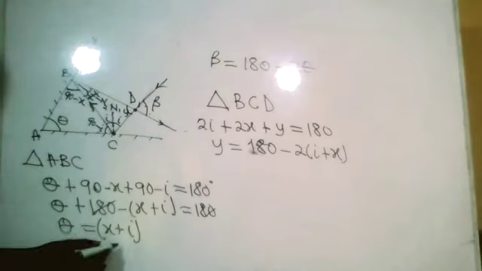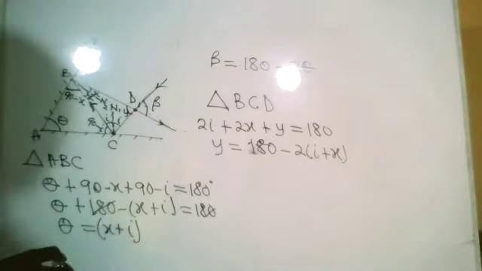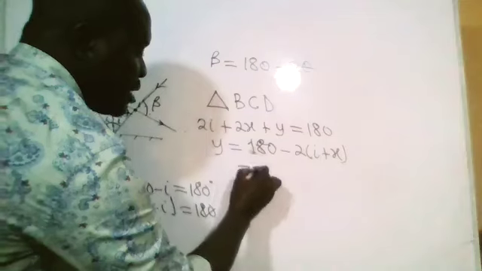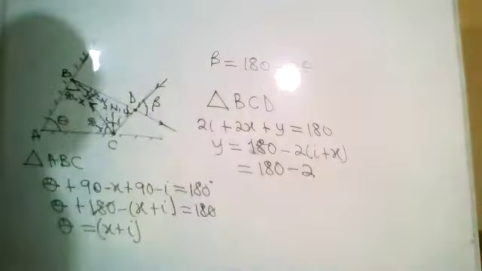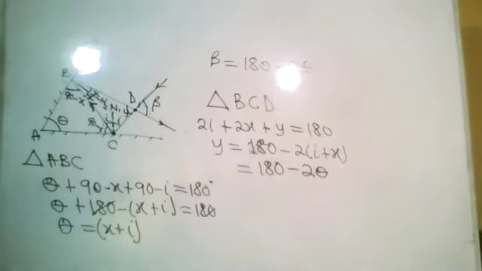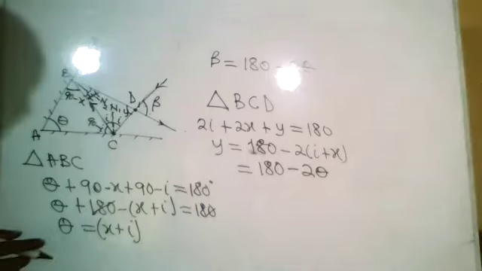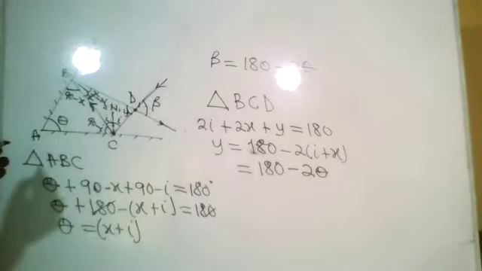Now we have identified X plus I to be equal to theta, isn't it? So we can say that Y is 180 minus 2 theta, and by vertically opposite angles, Y is equal to beta.